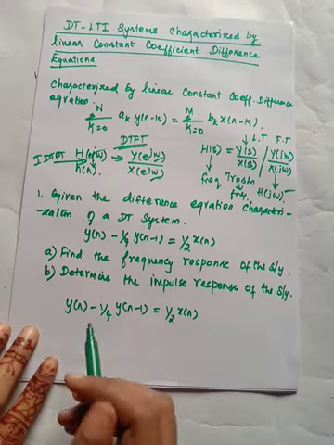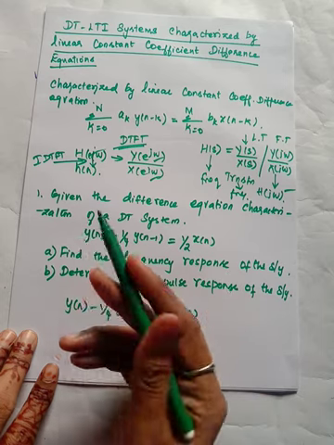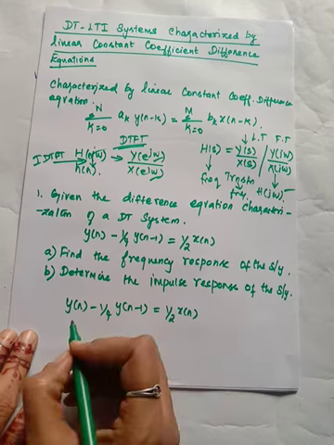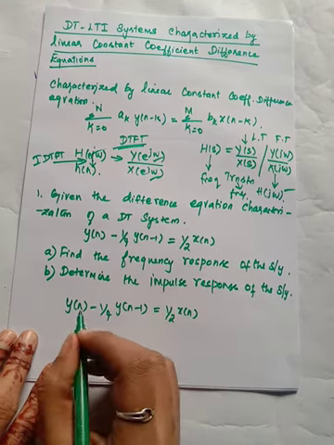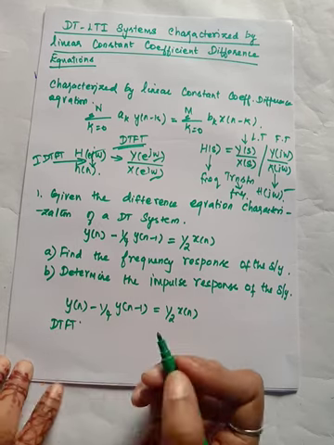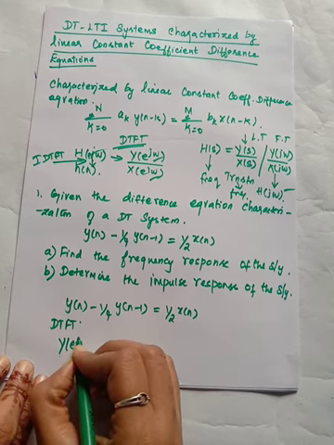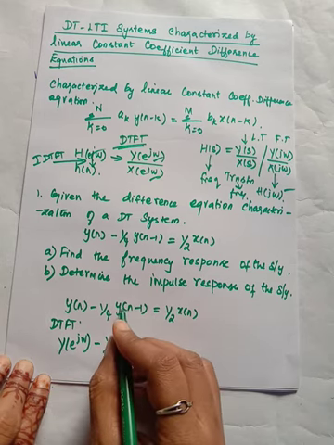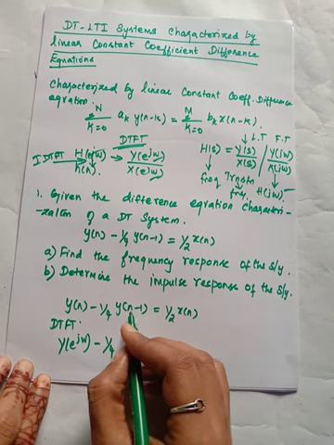Now here we are going to find the frequency response of the system. Because we are going to apply DTFT, you will get everything in terms of e power j omega. Applying DTFT, similar to the Laplace transform, here I will get Y of e power j omega minus 1 by 4 times the shifted term. For a shift, y of n minus n naught is handled like x of n minus n naught.